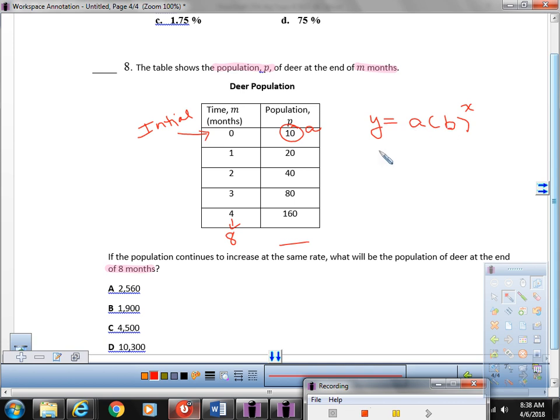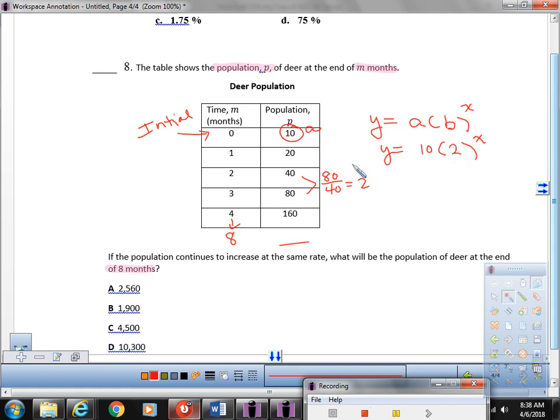So that's going to be your A on this equation, so 10. And then look at what the numbers are doing. Like if I take 80 and divide it by 40, what are they multiplying it by? What's 80 divided by 40? 2, right? The doubling. In other words, 10 times 2 is 20, 20 times 2 is 40, 40 times 2 is 80, and so forth. So that is your factor.